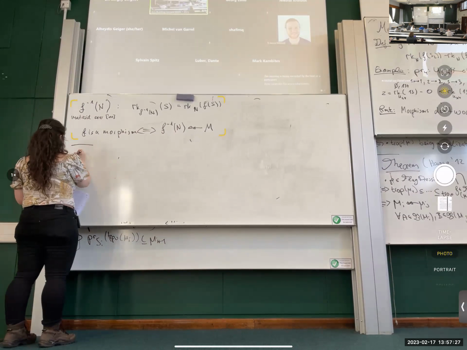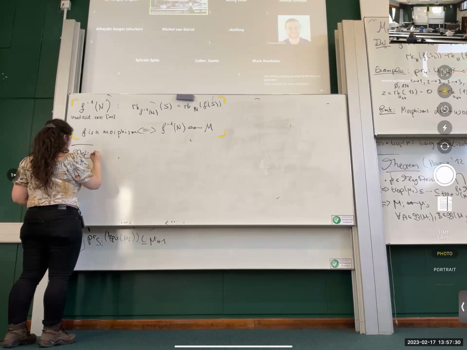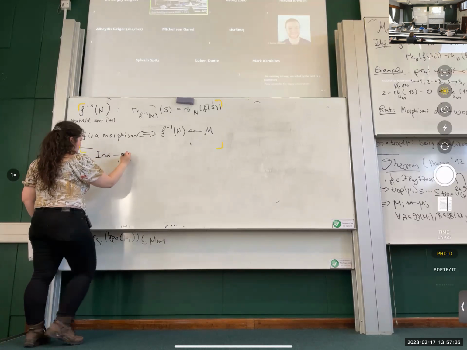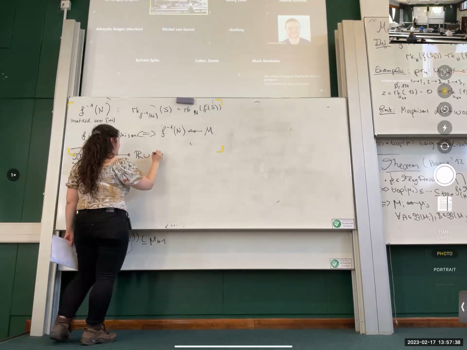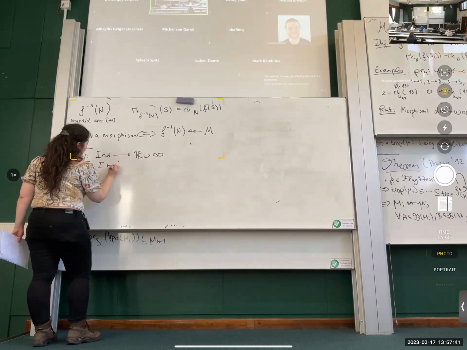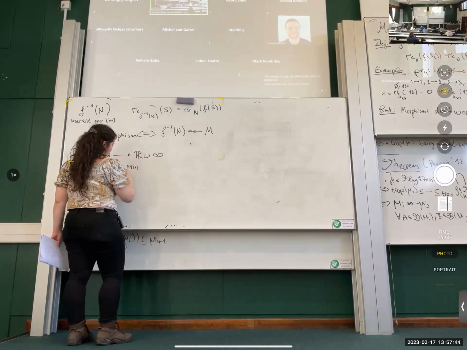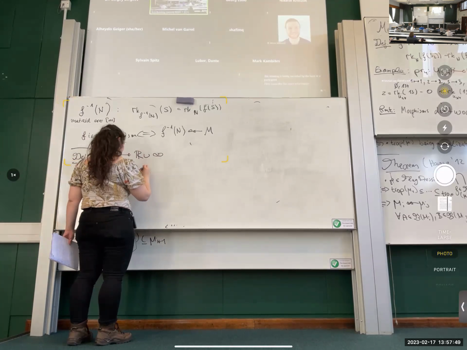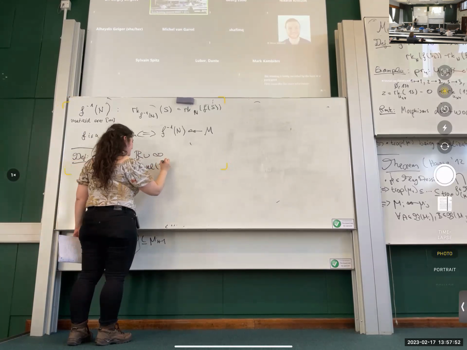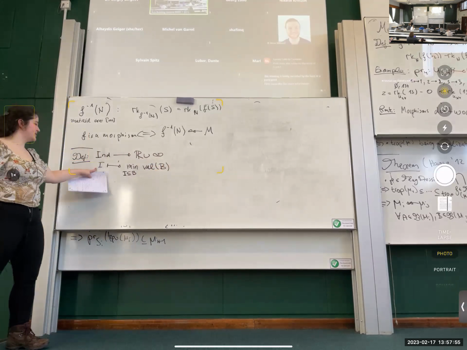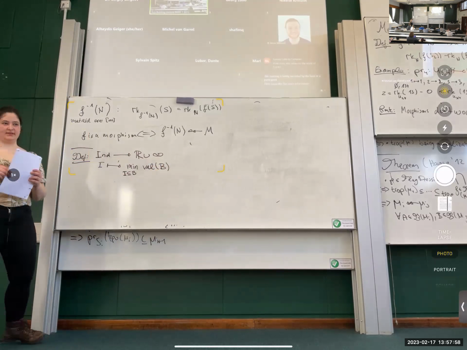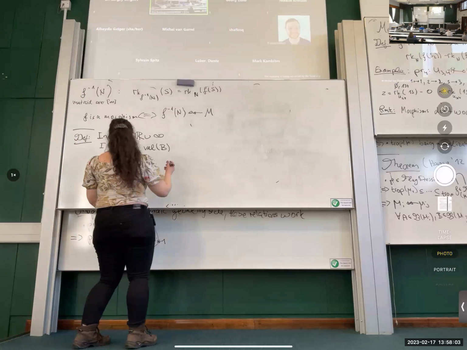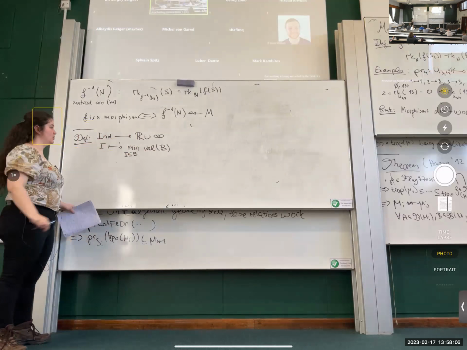So we consider the map from the independent sets to R union infinity that sends I to the minimum of the valuations of the bases that contain I. And of course, if I is not an independent set, this function just gives you infinity. And Murota showed that this is well defined and that this is equivalent to the valuation.